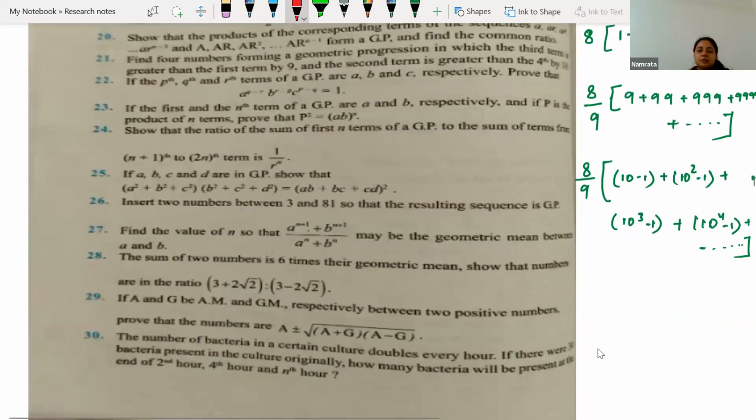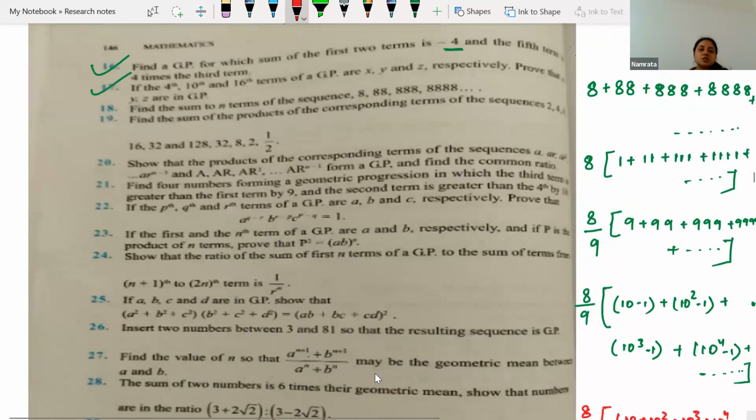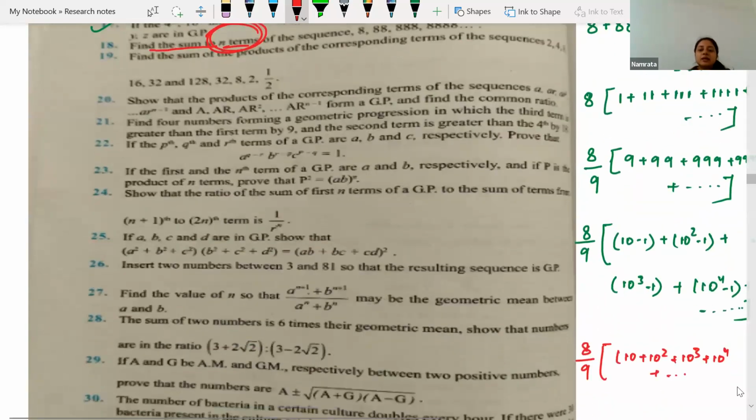We have 8 by 9, and this one we are having 10 plus 10 square plus 10 cube plus 10 to the power 4 plus dot dot dot. Here one thing you can notice in the question itself, it says find the sum of n terms. N terms sum we have to find from here. So we will be taking till n terms.